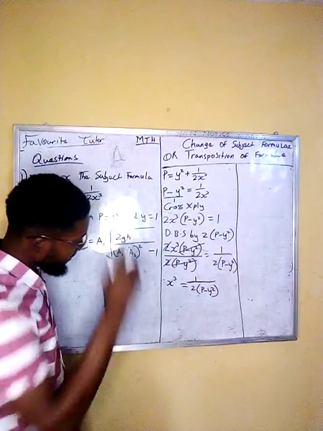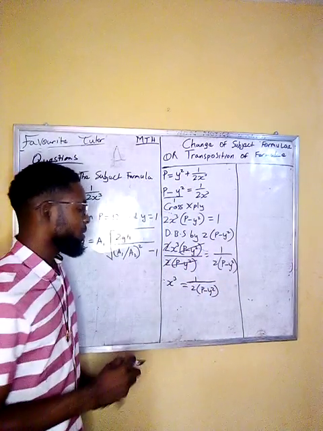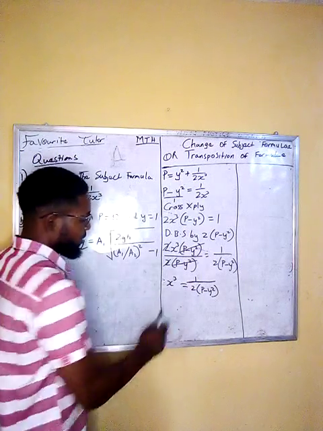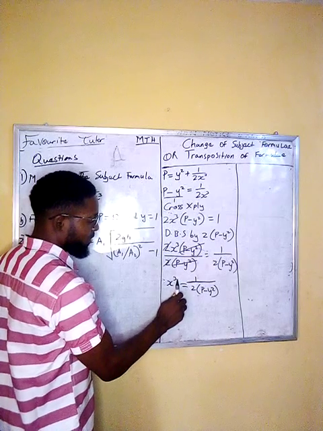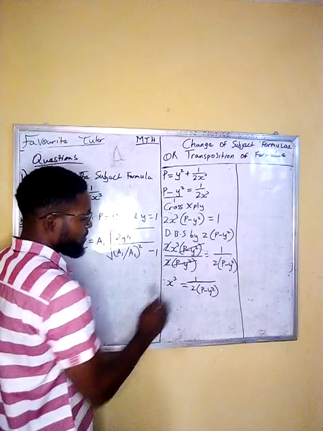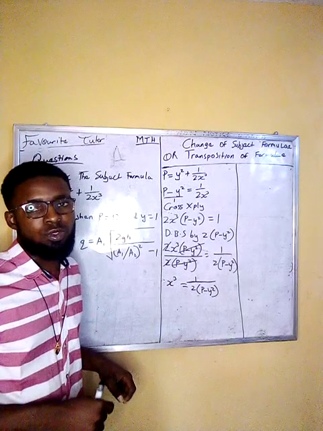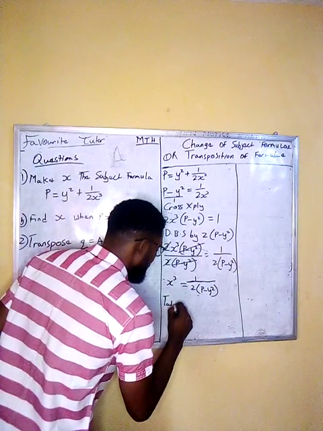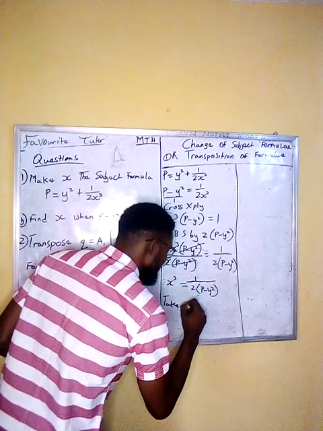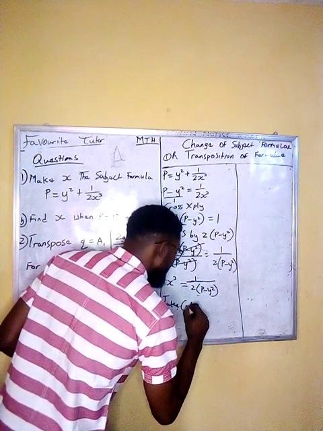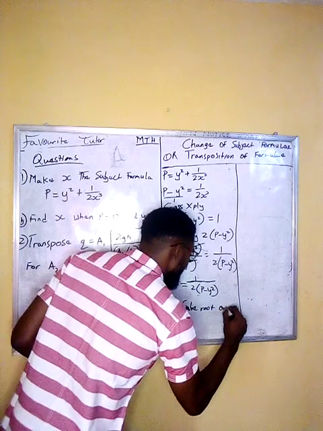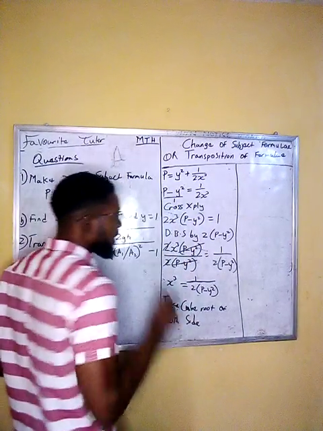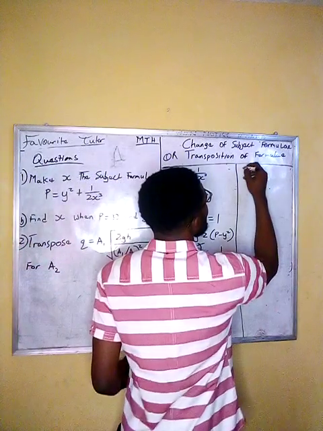So here we are. Now, we are to make x the subject formula, not x raised to the power of 3. So we are going to remove this power of 3. To remove the power of 3, we use the roots. So we take the cube root of both sides.